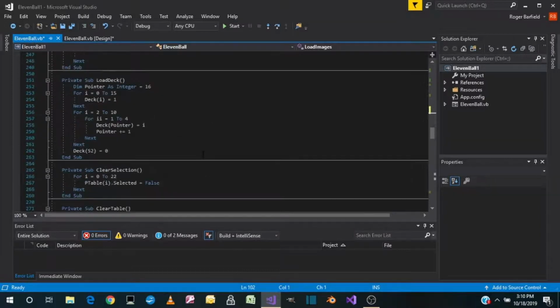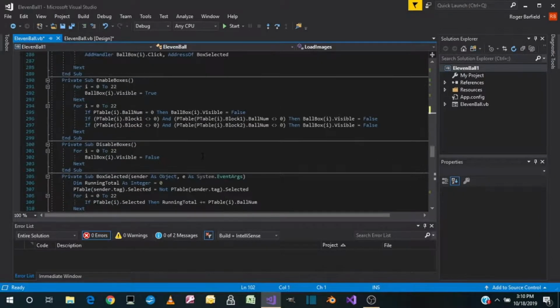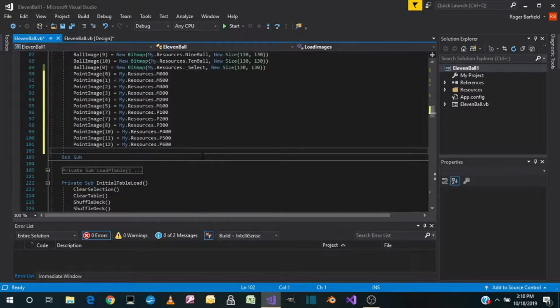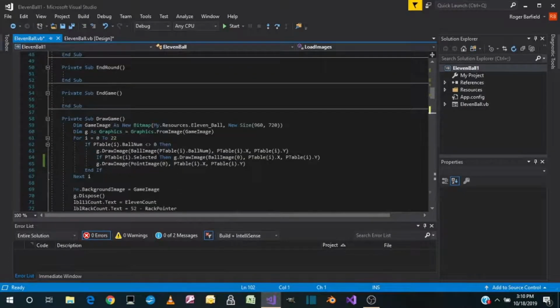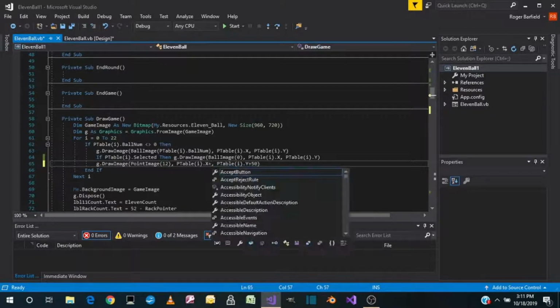And let's go back to where we're printing them. Let's put our location, and let's change this to 12. And let's add plus 50. I think the Y needed more, so plus 50 on the Y. And I don't think the X needed anything. Let's try it.